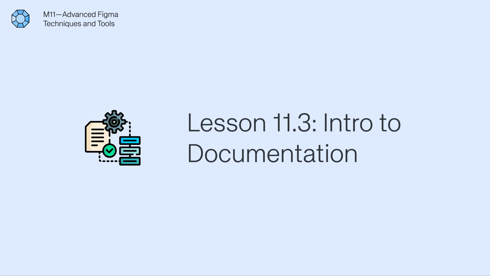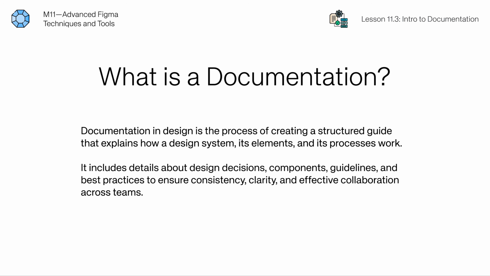Components are the building blocks of any design system, ensuring consistency and scalability across projects. In this lesson, you will learn how to effectively document components in Figma, making them intuitive and easy to use for designers and developers. Documentation in design is the process of creating a structured guide that explains how a design system, its elements, and its processes work.